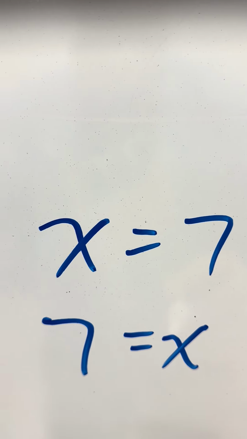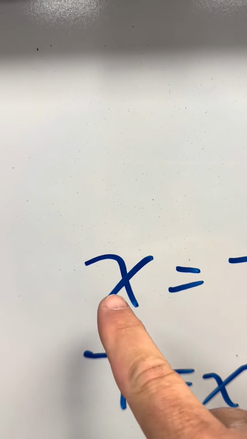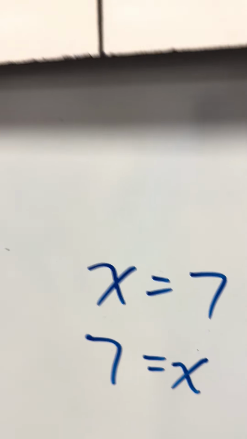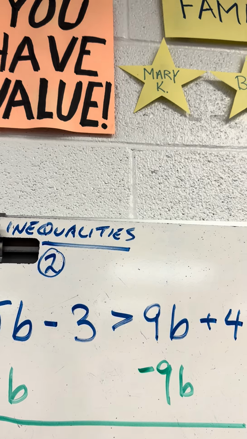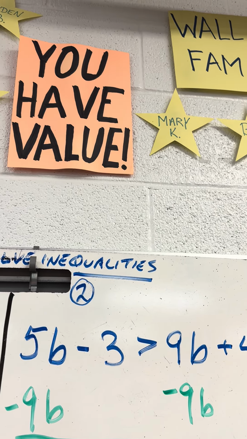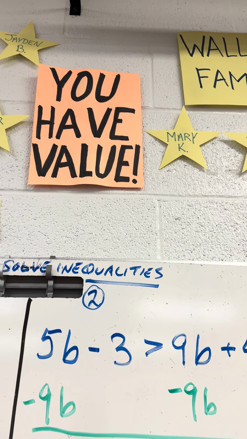That doesn't matter. But when you're doing an inequality, it's got to be on the left-hand side. Otherwise, it's not going to work out. So I'm always going to minus the letter from the right-hand side. So I'm minusing 9b from both sides.